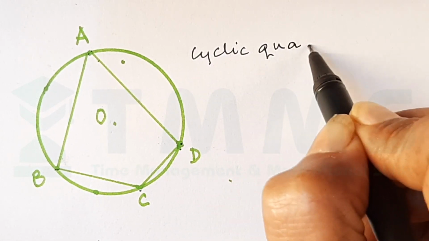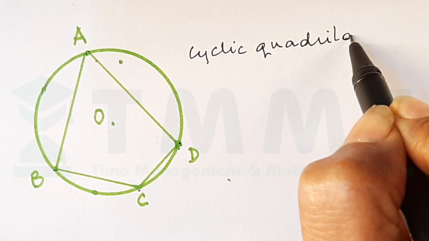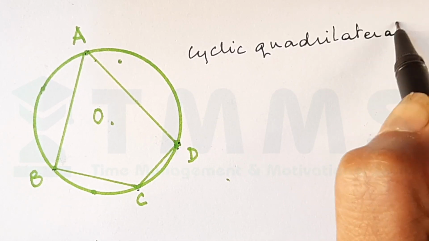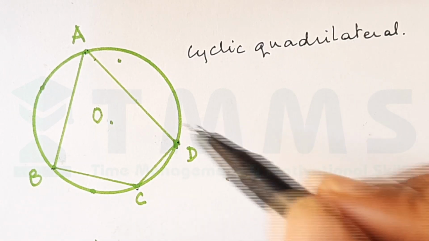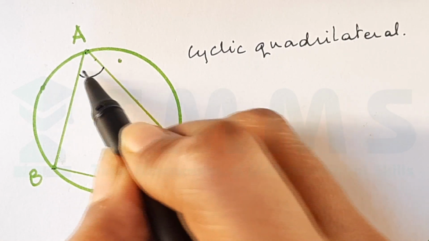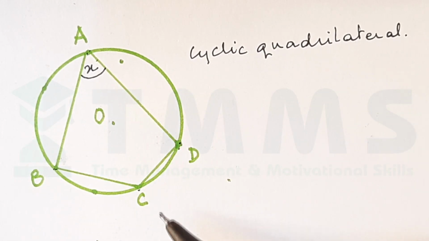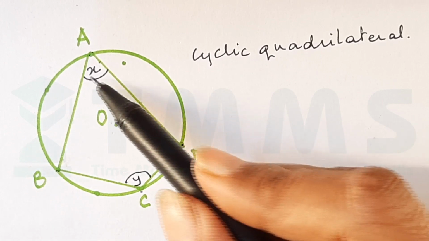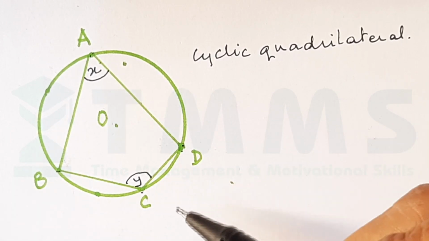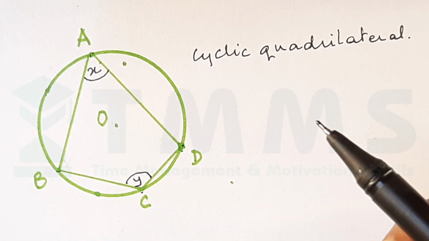What is it called? That's right, cyclic quadrilateral. Now the cyclic quadrilateral has this angle over here, I'll call this X. And this angle over here, I'll call Y. Now these are the opposite angles of the cyclic quadrilateral.